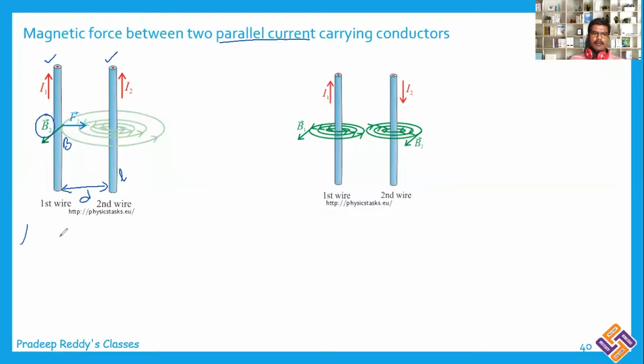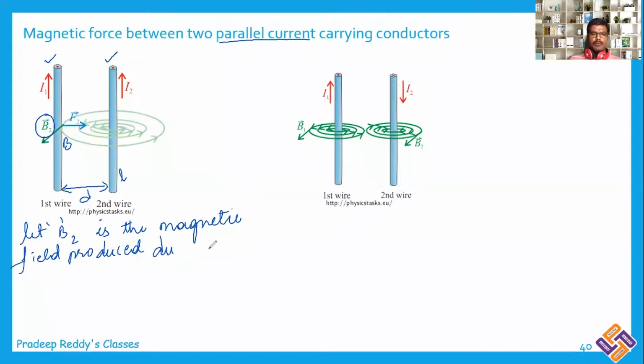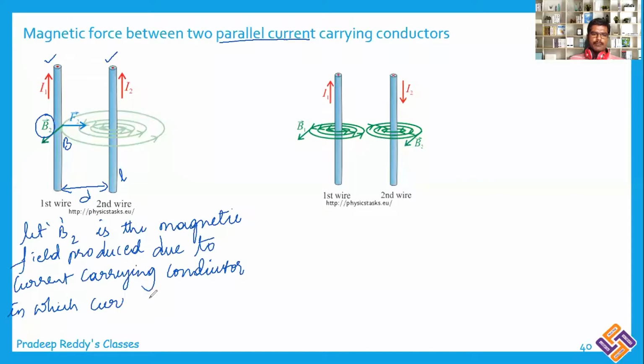Let B2 be the magnetic field produced due to the current carrying conductor in which the current is I2, right? Therefore, what is the magnetic field produced here?